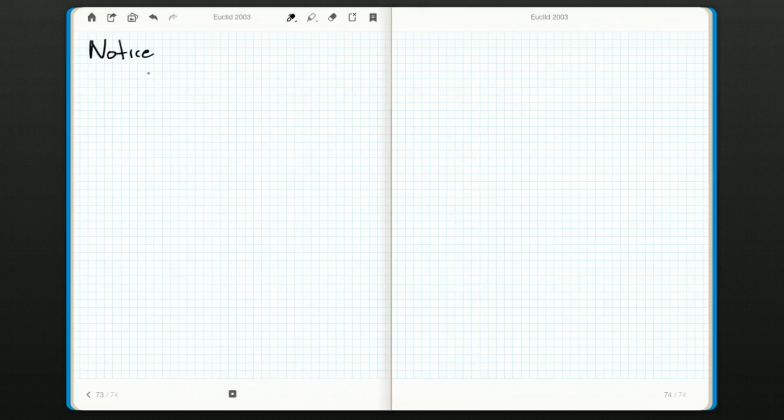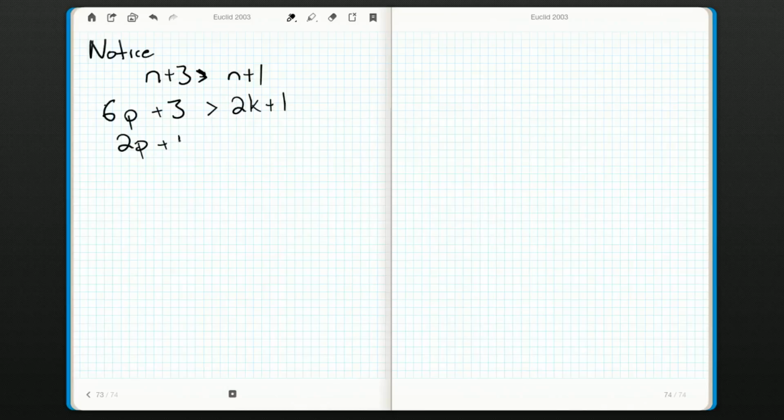So notice that n plus 3 is greater than n plus 1. But of course, n plus 3 is 6p plus 3, and n plus 1 is 2k plus 1. You divide by 3 on this side, we'll be left with 2p plus 1 must be greater than (2k plus 1) over 3, and now multiplying by k on both sides.